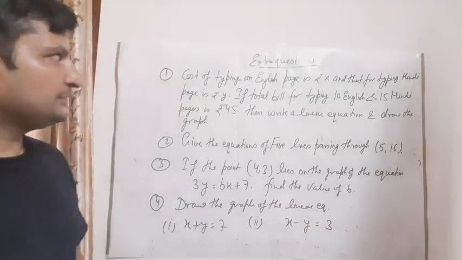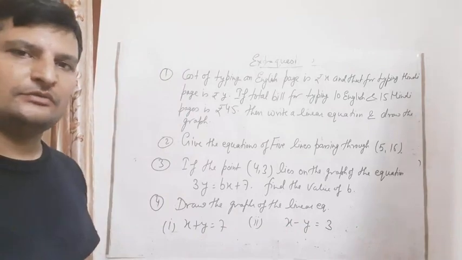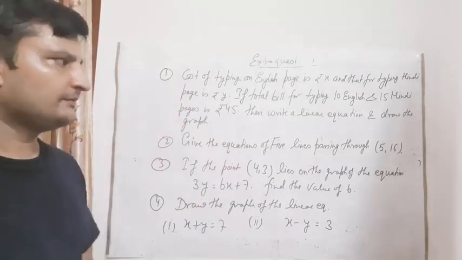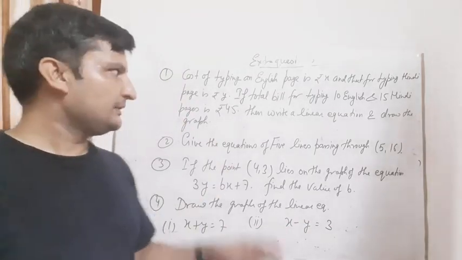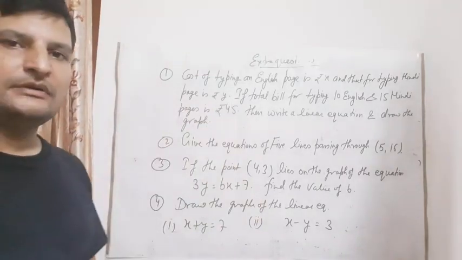So these are the 4 questions you have to do, and those 2 questions we have done you have to do in your fair notebook, and this you can do in your rough notebook.